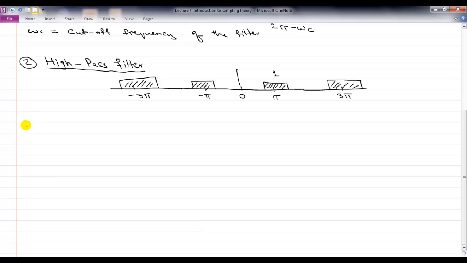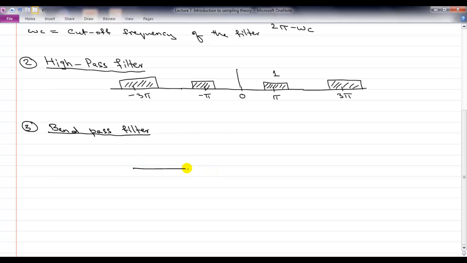Similarly, we talked about other cases of filters. The two more common ones are the band-pass filter, which basically lets a certain region in your frequencies pass without any damping and kills all the other frequencies.